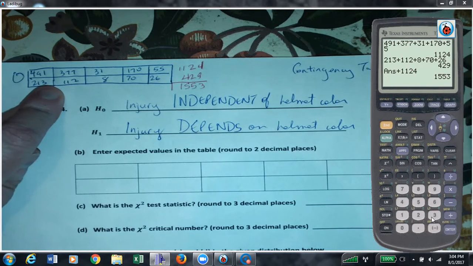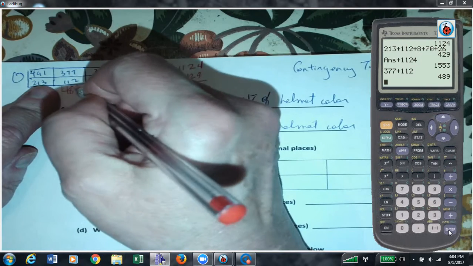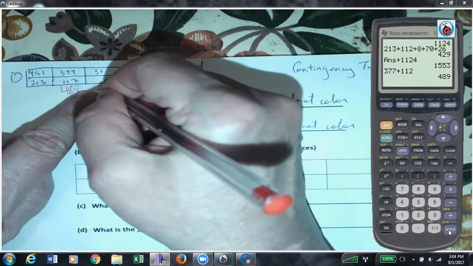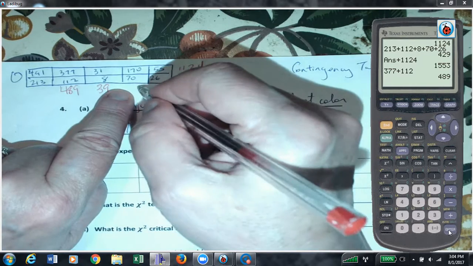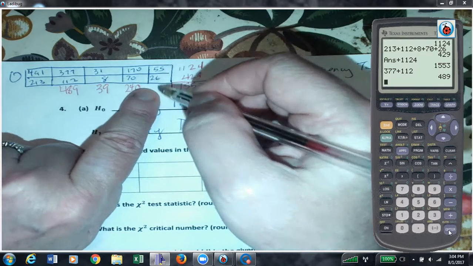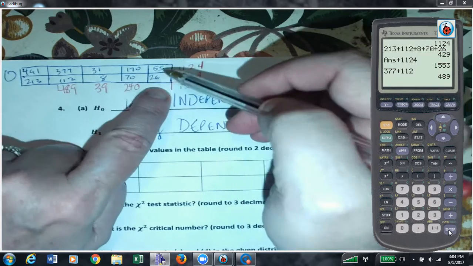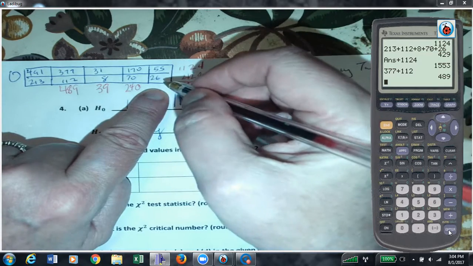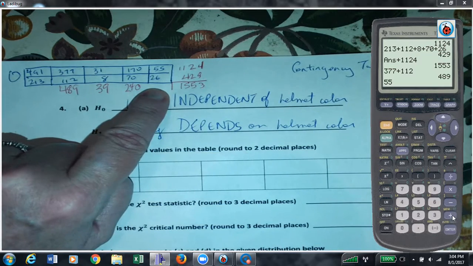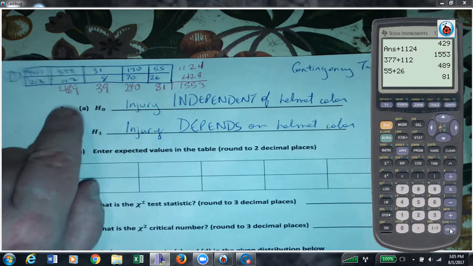What's my column 1 total? My column 1 total is 491 plus 213. My column 2 total is 377 plus 112. Column 3 total is 39, column 4 total is 240, and column 5 total is 81, I think. And so if I add these up, I should also get the same grand total.